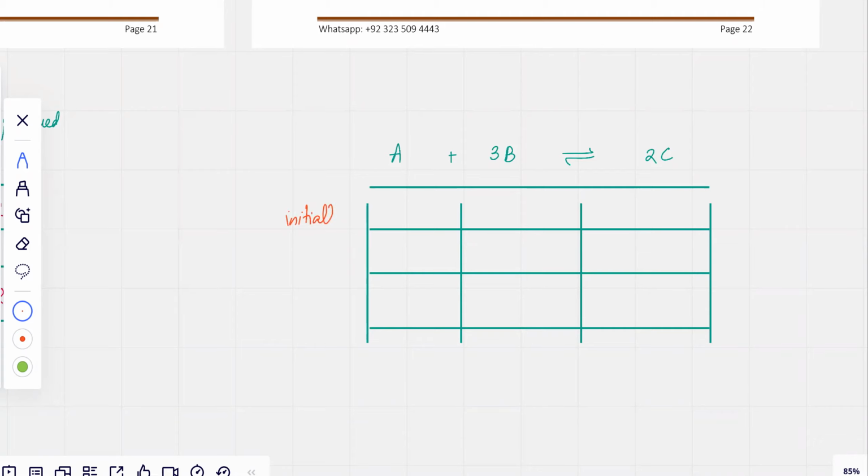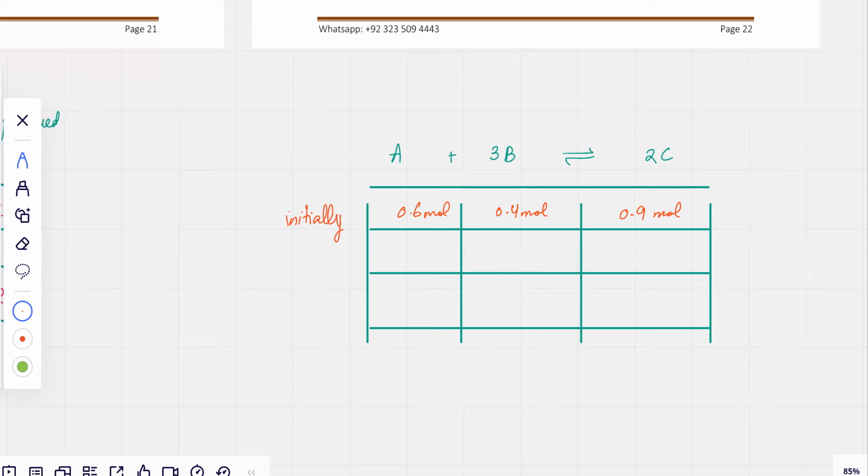I took a container and started adding A, B, and C in that container. So I had 0.6 moles of A, and I had 0.4 moles of B, and I had 0.9 moles of C in my container.